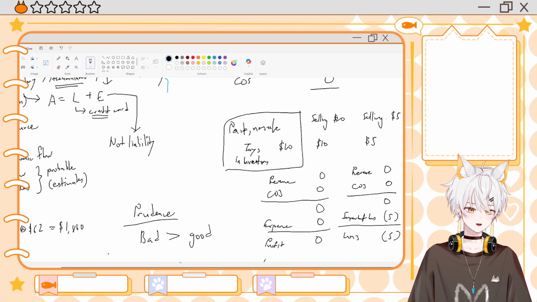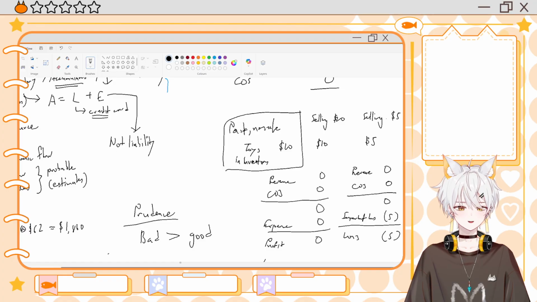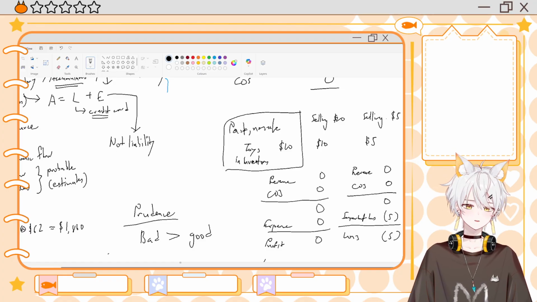That is an unrealized loss, meaning you know that there will be a loss ahead, and you just record it as a loss. Eventually you realize it fully.